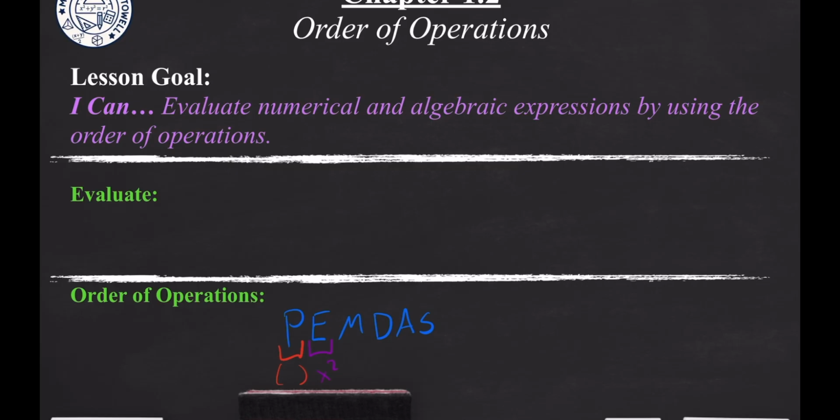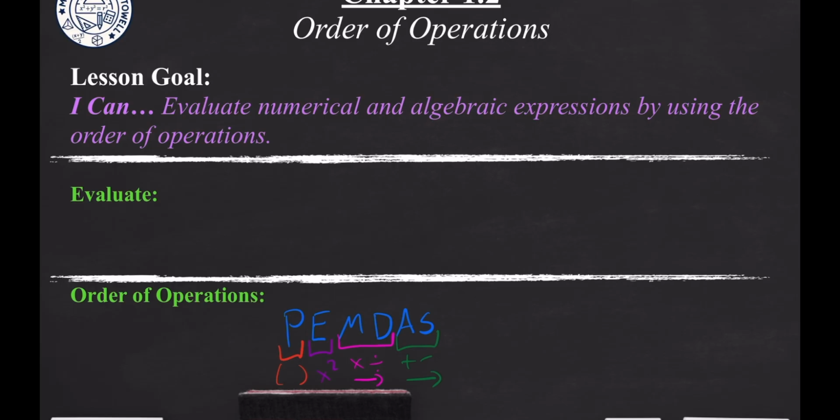The M and D stand for multiplication and division, and with PEMDAS, it's whichever one comes first from left to right. And addition and subtraction is the A and the S, and this is also whatever comes first from left to right.